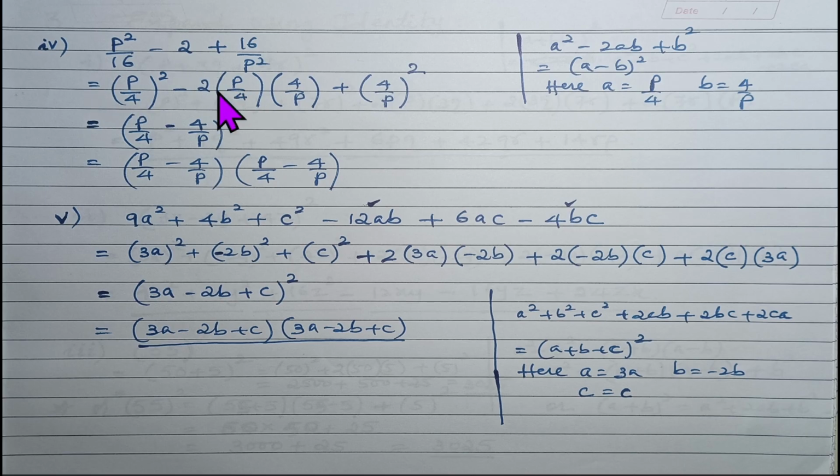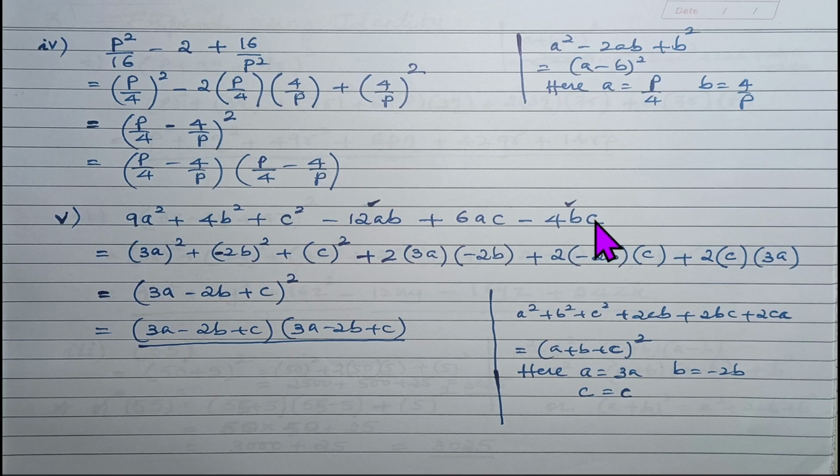So it is the form a square minus 2ab plus b square. Therefore it will be a minus b whole to square. A is p by 4 and b is 4 by p. So p by 4 minus 4 by p whole to square is the correct identity used here, and therefore the factors are p by 4 minus 4 by p into p by 4 minus 4 by p, and 100% correct answer.